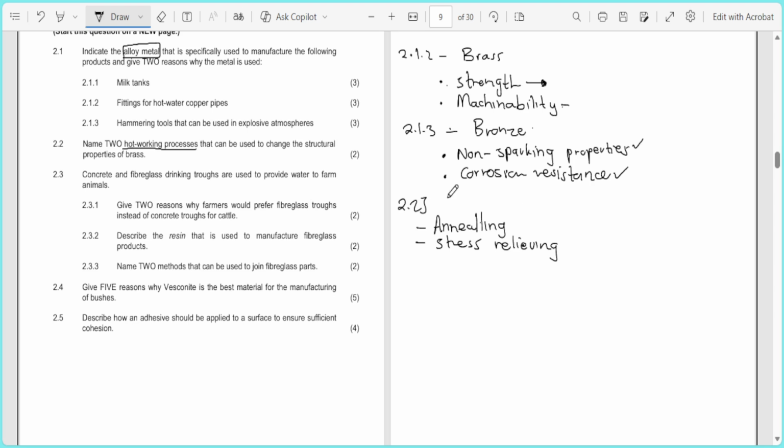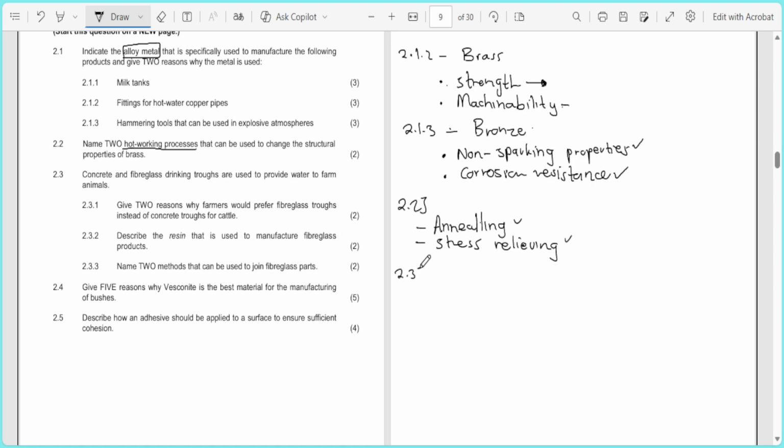Then heating it to a lower temperature to reduce residual stresses from previous cold working, and preventing things like cracking or distortion during use. It's for stress relieving. There are several options that I can list out here, but this is what I can think of right now.